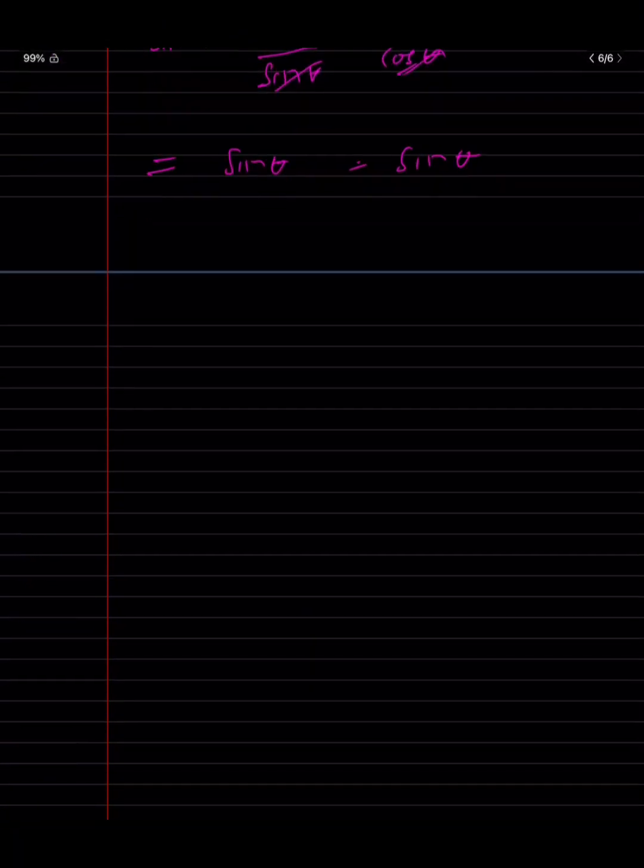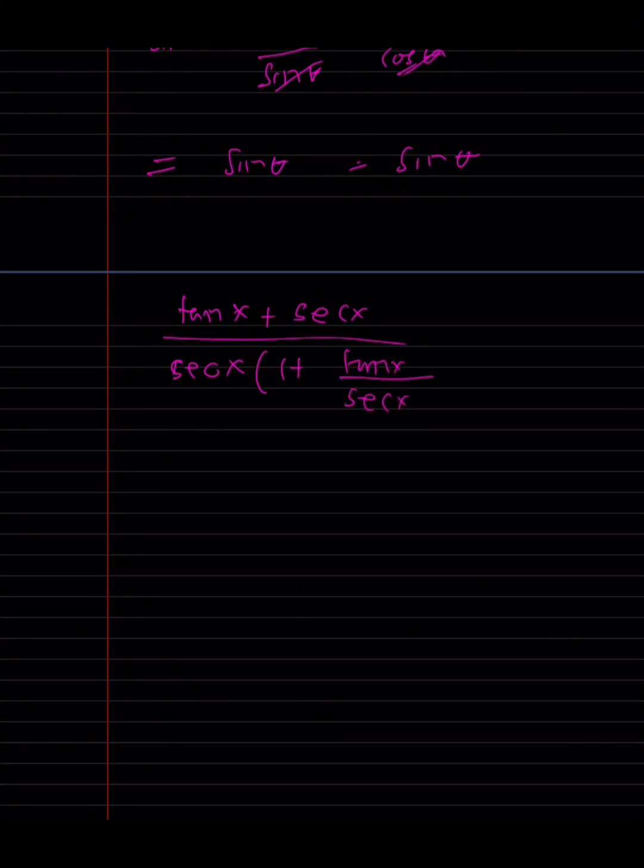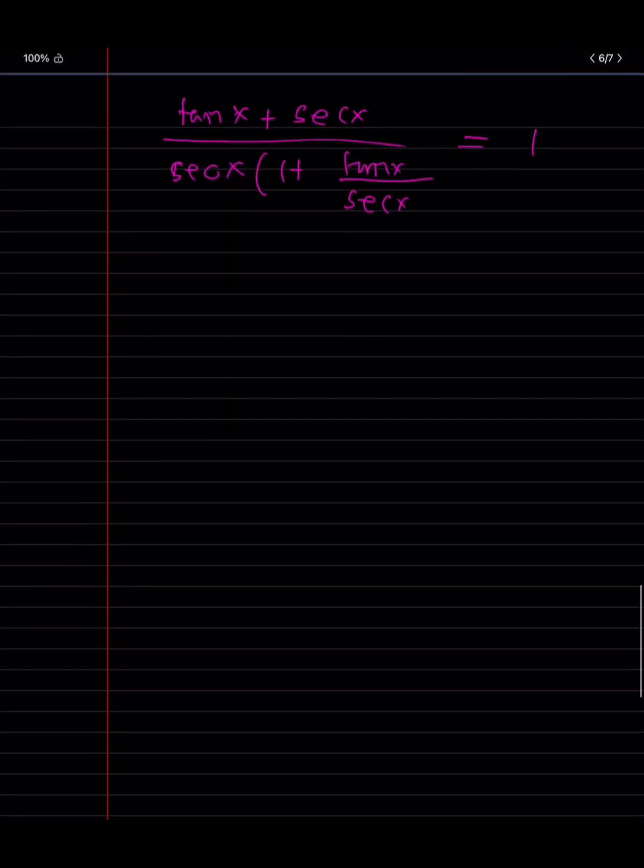The second example is for us to prove that (tan x plus sec x) over sec x, multiplied by (1 plus tan x) over sec x, is equal to 1. So how do we do this? We can use these trigonometric ratios to prove whatever we want.